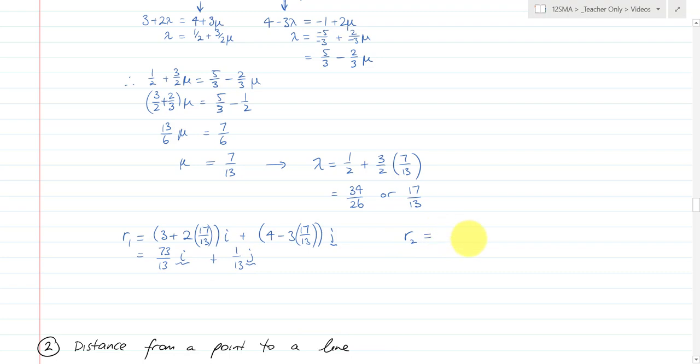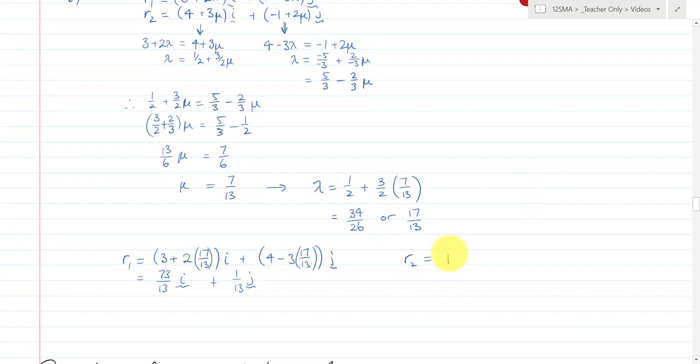We can verify this using R2. In R2, I've got (4 plus 3 mu) i, and then (negative 1 plus 2 mu) j. That gives me 4 plus 3 mu is 4 plus 21/13, and 4 is 52/13. 52 plus 21 is 73, so this is equal to 73/13 i.